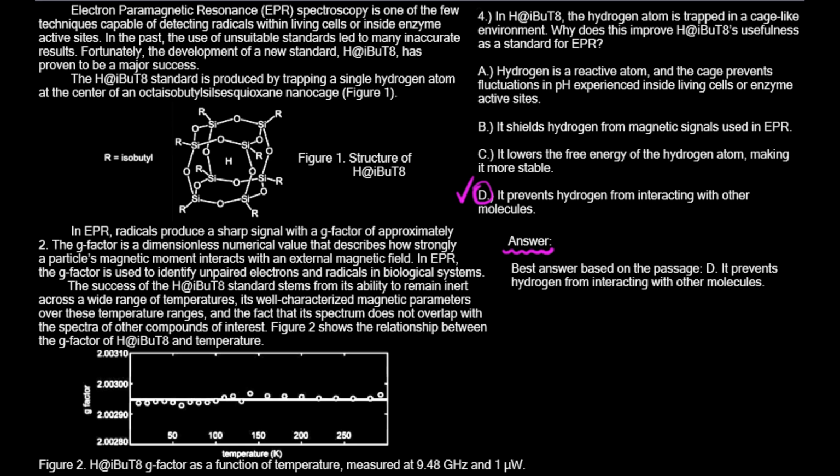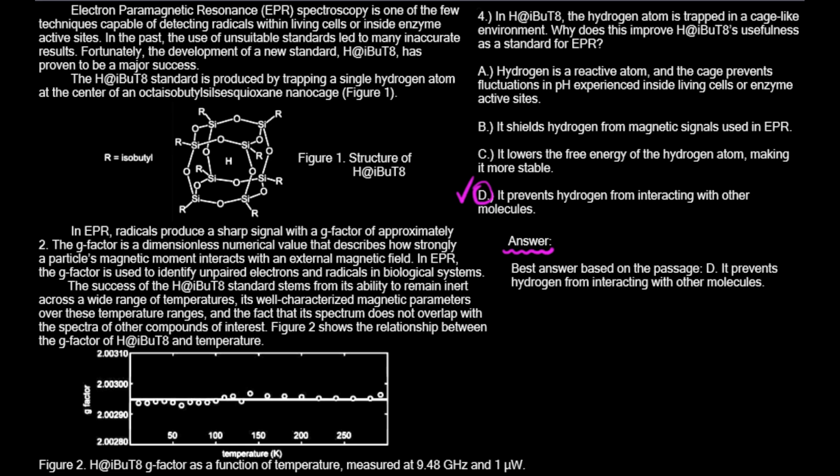Now, let's look at why the other options are not correct. A says the cage prevents pH fluctuations. This is not mentioned in the passage, so it acts as a distraction. B says it shields hydrogen from magnetic signals. That would prevent detection, defeating the purpose of EPR.